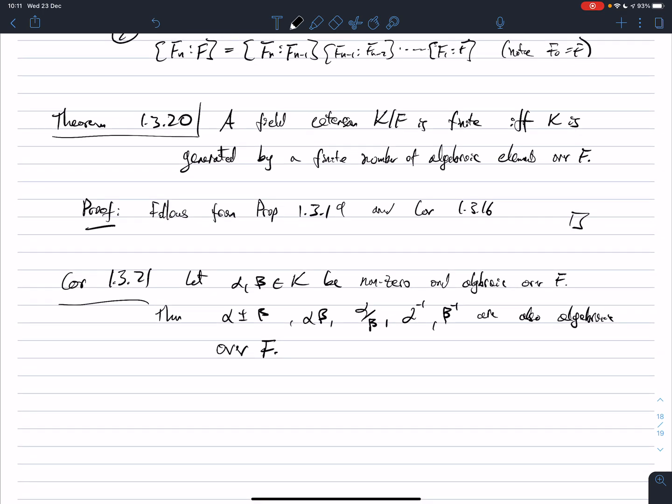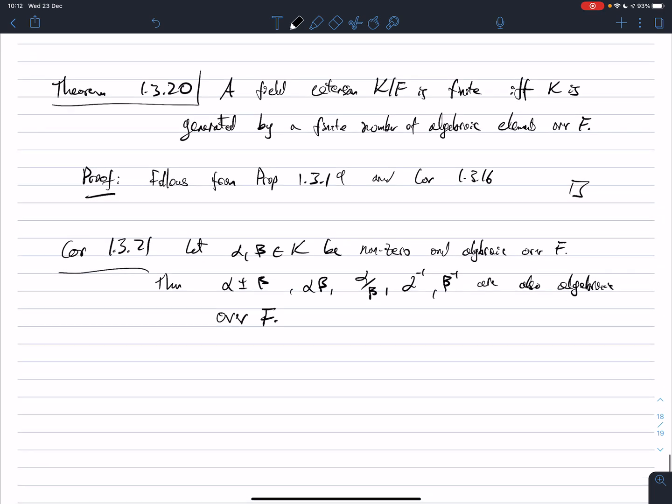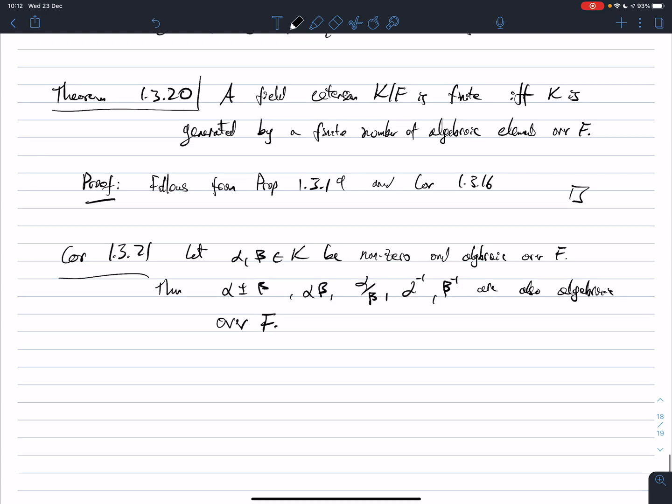If I gave you two random roots of some polynomial, it might be tough to check if the inverse of it also satisfies a polynomial, or what the ratio satisfies. And it might be a bit fiddly to do this, but this now follows immediately from all this dimension stuff from our previous theorem.